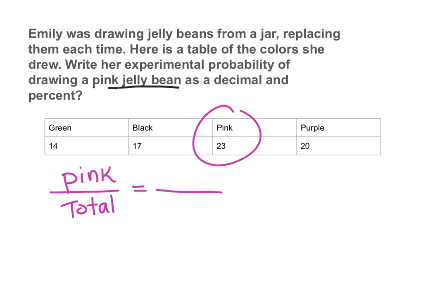So she had 23 pink. And then to get your total, you are going to add all of these numbers together. So do that quickly. I got 74.